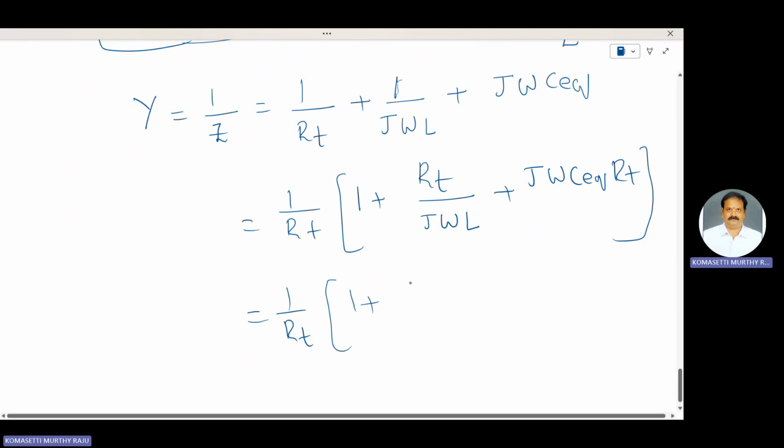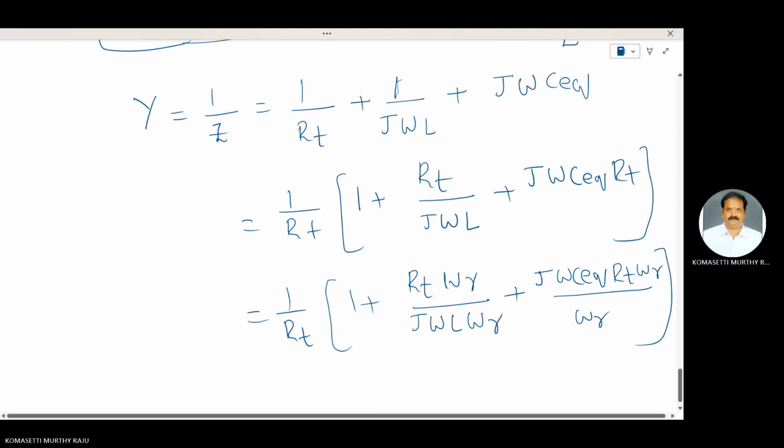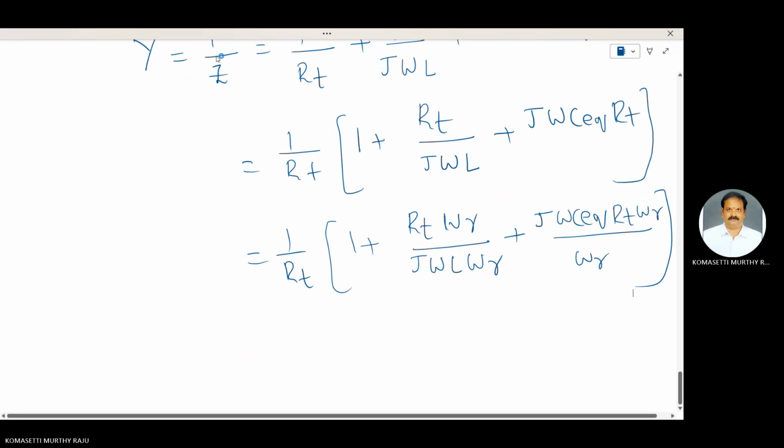Numerator and denominator are multiplied with ωR, the resonant frequency. Here also, numerator and denominator are multiplied with ωR.